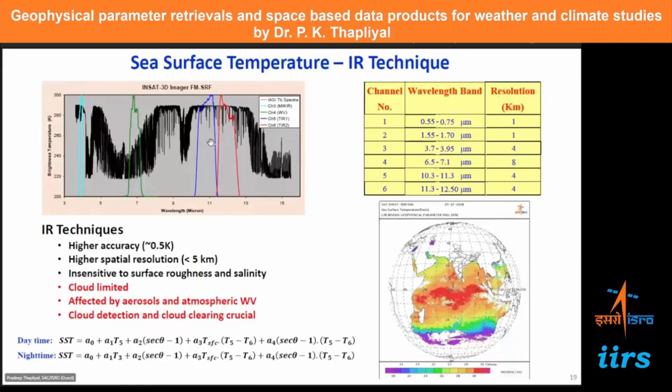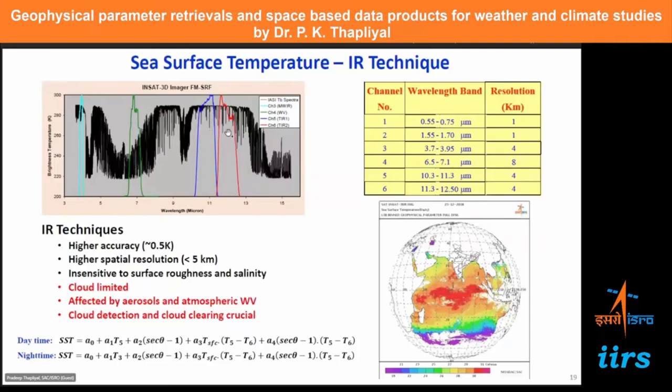If you find the difference in brightness temperature measurement in these two channels, it will be proportional to the amount of water vapor in the atmosphere. If there is no difference, it means there is no water vapor in the atmosphere, because both channels give you the same brightness temperature. If the brightness temperature difference is very, very large, it means the atmosphere is heavily loaded with water vapor.